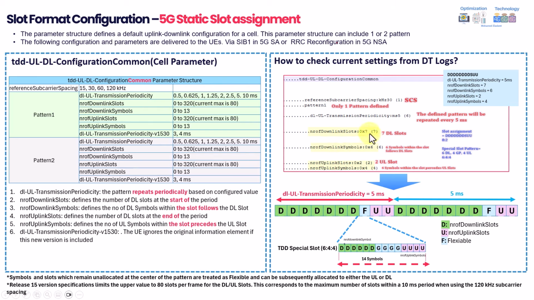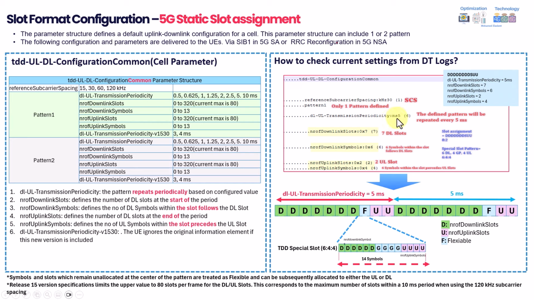The example I'm going through here has one pattern. So this means if you have only one pattern, the pattern will be repeated every 5 millisecond, depending on the settings you have in the network. For the example here, I'm showing 5 millisecond, and here are the parameters.